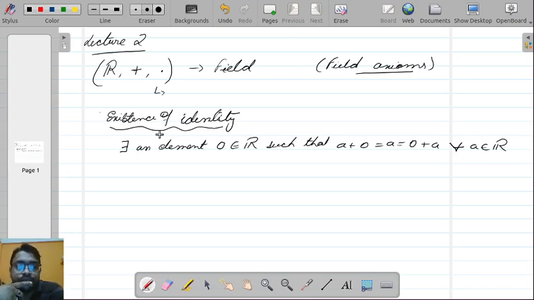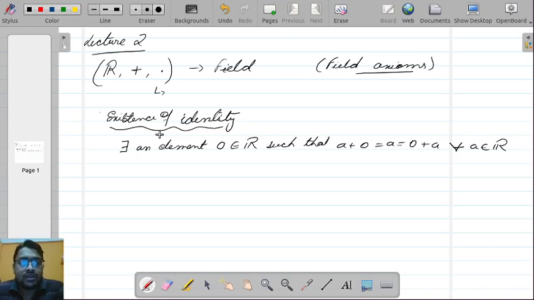I told you we are listing out properties of R, the minimum properties of R which are necessary for our analysis purpose. These are listed as properties, and every other thing is derived using these properties. Mathematicians listed this minimum number of properties which are required for studying real analysis.